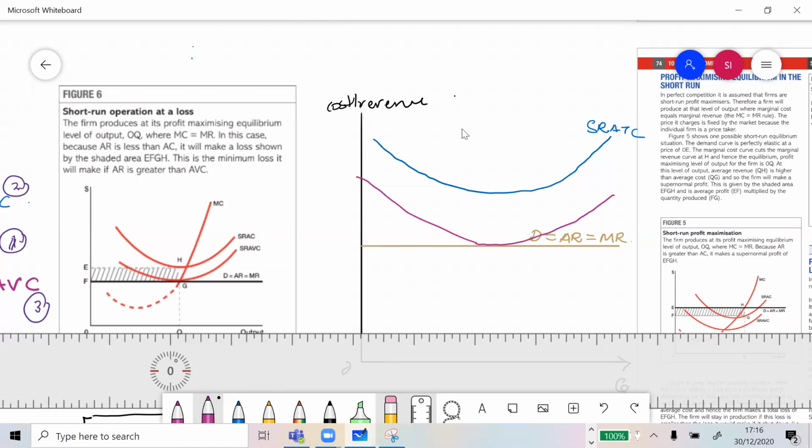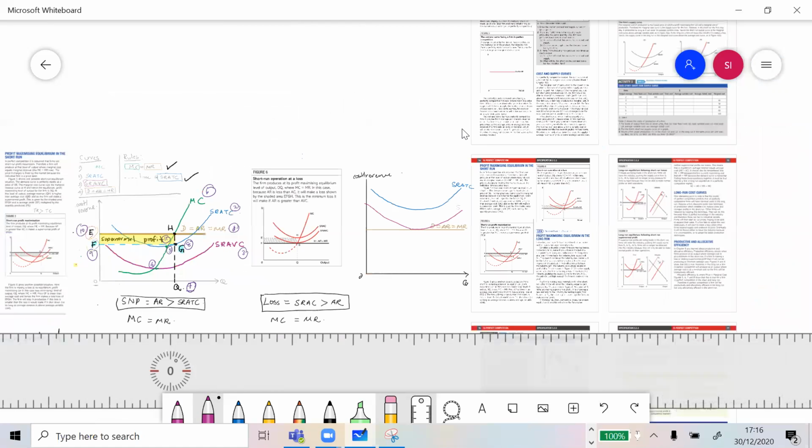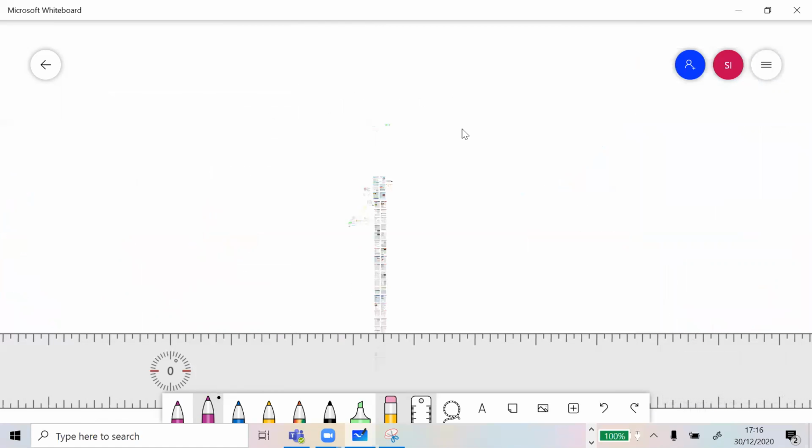So this is my short-run average variable cost. Once I'm done with this, I decide to draw the marginal cost curve.